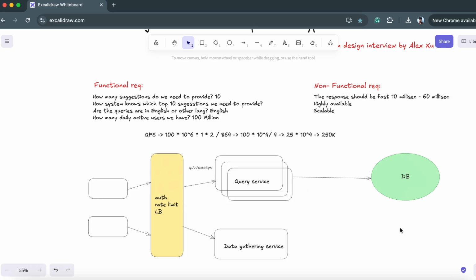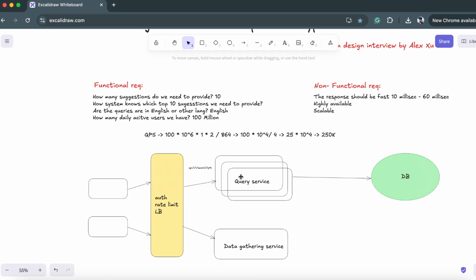This is perfectly fine at a small scale, but at large scale, obviously we have to consider what database to use, and we cannot simply rely on the database only. In between the database and the query service, we should have a caching service, a caching layer.